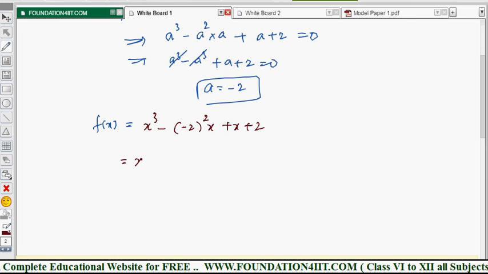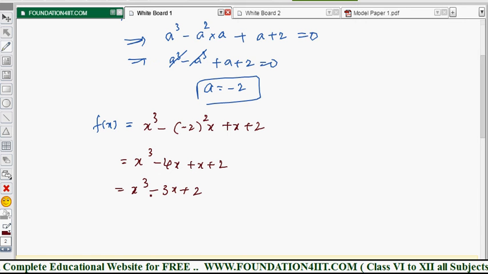Now the function is x cube, minus 2 whole square is 4, so minus 4x plus x plus 2, and simplifying, x cube minus 3x plus 2 is the function.